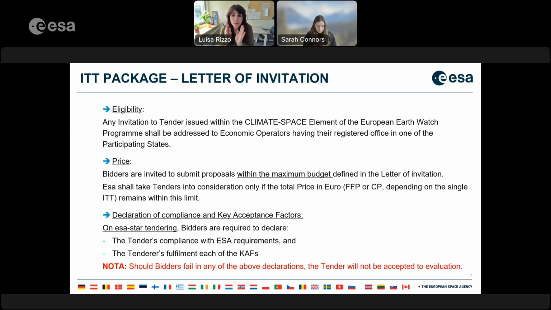So if a proposal doesn't meet any one of the key acceptance factors, it will not be admitted to evaluation. So the proposal will stop at the opening of the proposal itself, and you will receive, of course, a regret letter containing this information.